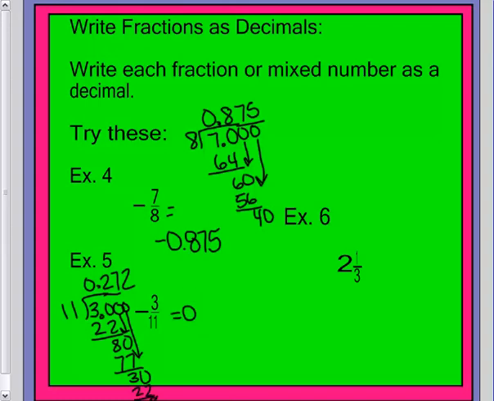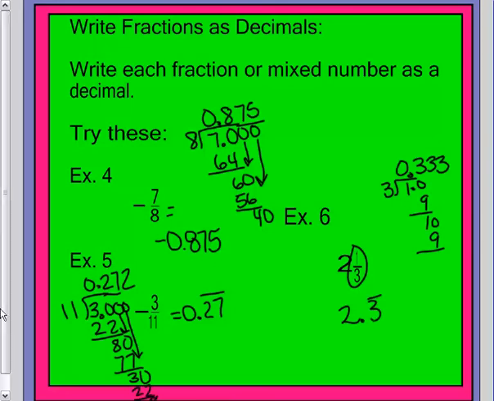So this would be a 0 and 27 hundredths, but they're repeating. Okay, 1/3, we know, okay, 3 goes into 1 no times, goes into 10 3 times. Bring down your 0, it goes in 3 times. Bring down your 0, it goes in 3 times. It's going to keep happening. So this would be 0 and 3 repeating.